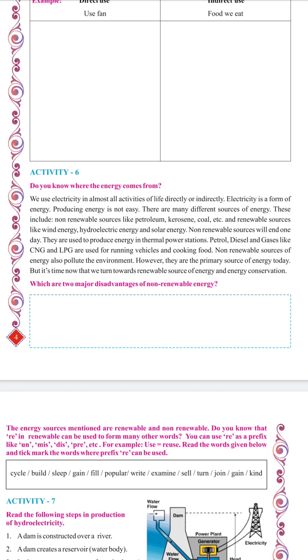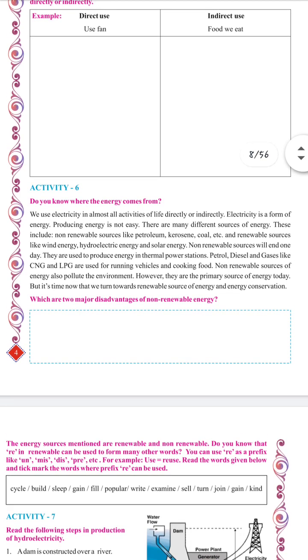Coal is also used to produce electricity. Resources like petrol, diesel and gases are used in cylindrical form to run our vehicles. CNG means compressed natural gas and LPG means liquefied petroleum gas. It is used in the cylinders which are used for cooking food.